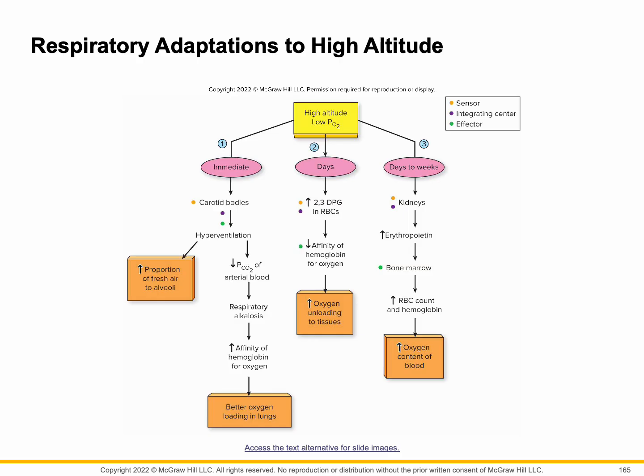Increased production of 2,3-BPG in red blood cells results in a decreased affinity of hemoglobin for oxygen. This is the effector response. Days to weeks at high altitude will result in the release of erythropoietin from the kidneys, which is our sensor and integrating center, which then causes the bone marrow to produce more red blood cells and hemoglobin.